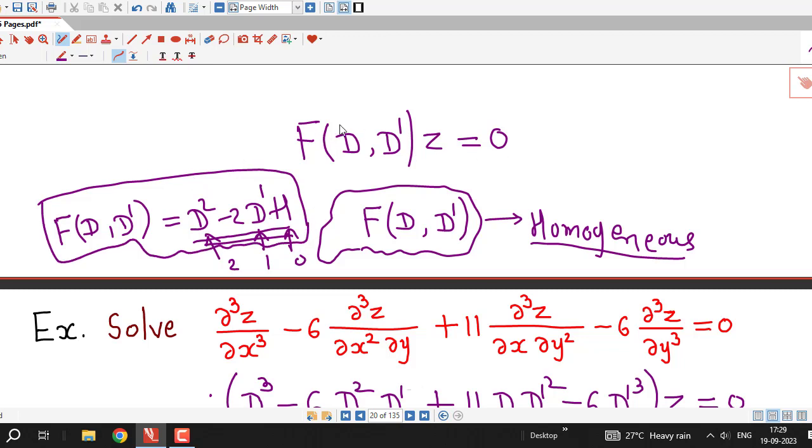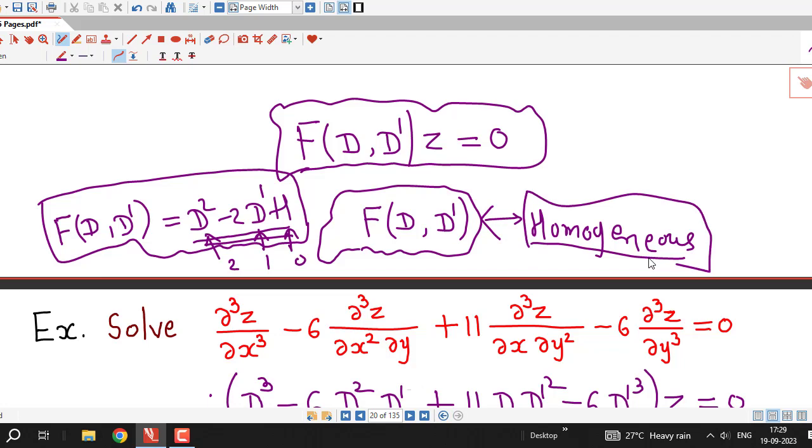Recently we have discussed the method for solving homogeneous linear PDEs with constant coefficients, which we can express in this form: some function F of D, D dash z equal to 0, where this capital F is a homogeneous function of D and D dash.